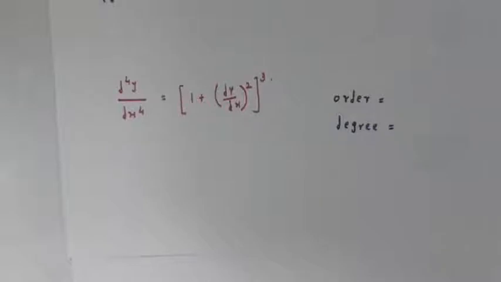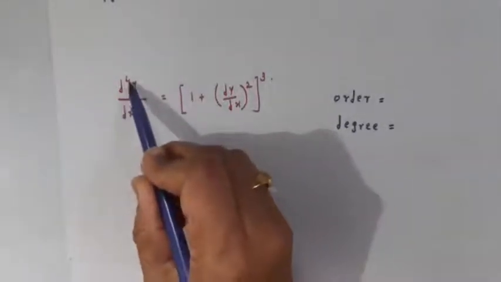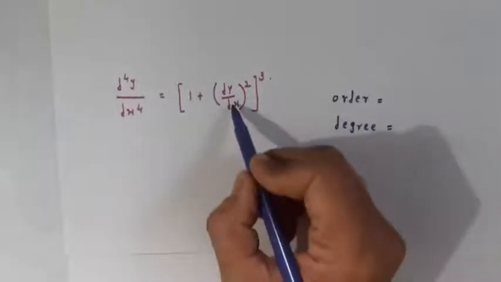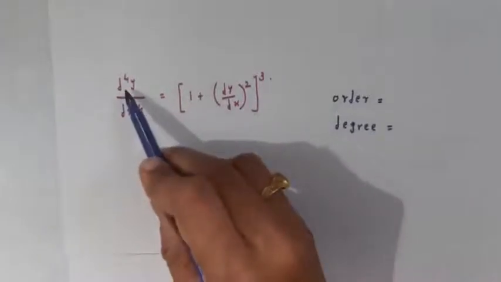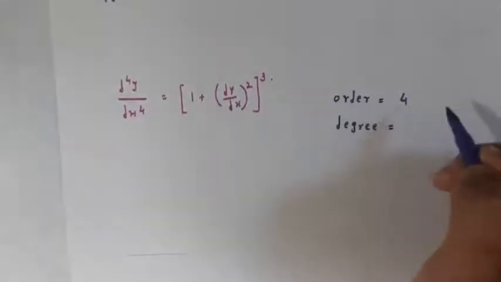First we find the order, and order is nothing but the highest order in that differential equation. Suppose here the order is 4: d⁴y/dx⁴ means fourth order, and dy/dx means first order. So which is the highest order? The highest order is 4, and therefore the order of the differential equation is 4.